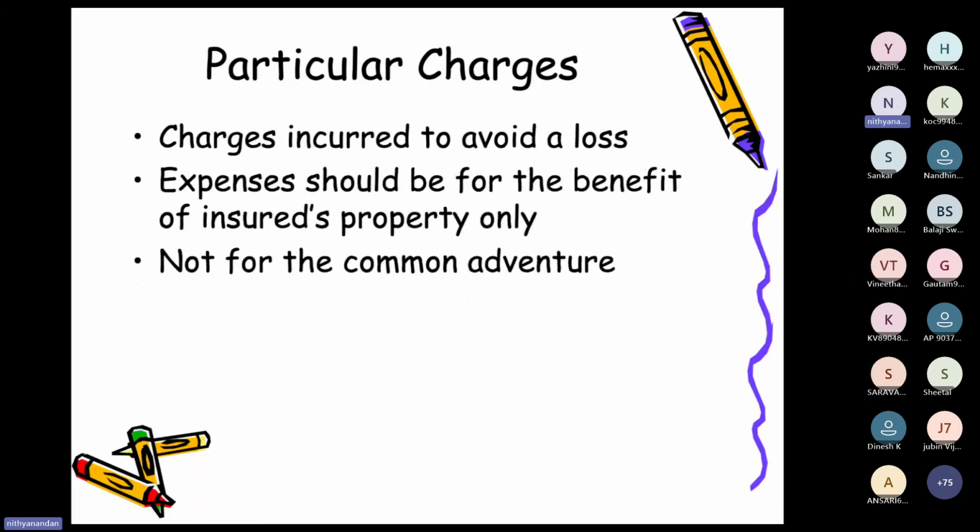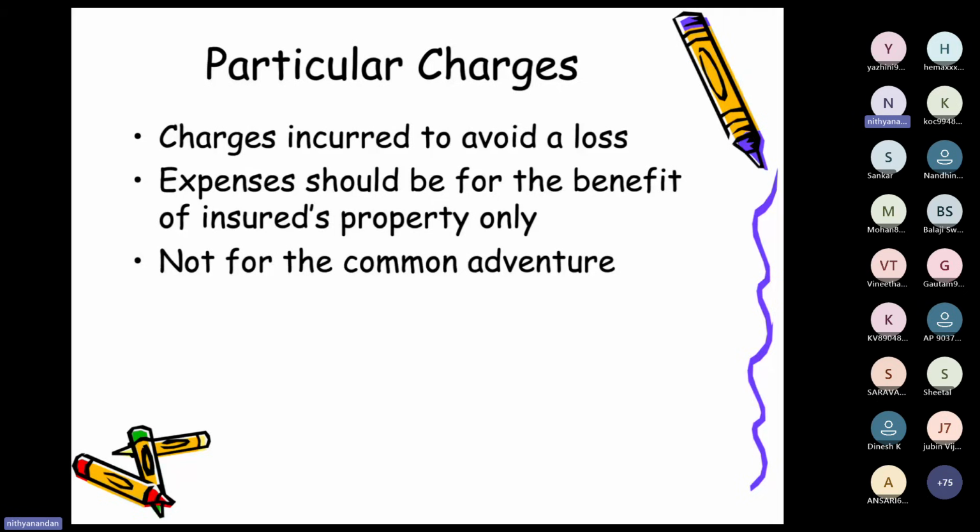Generally, particular charges and sue and labor charges are the same with a minor difference. The sue and labor charges are to minimize a loss. When the loss has happened, to minimize it, you are spending sue and labor charges. Particular charges are incurred to avoid a loss. The loss has not started; the loss is only threatening.